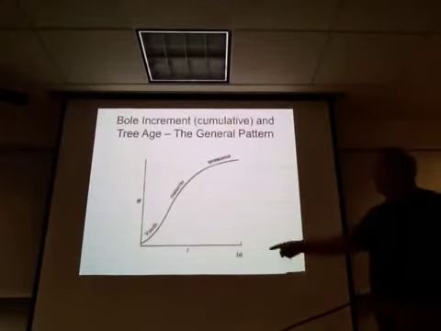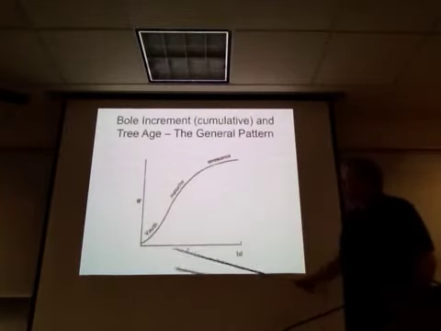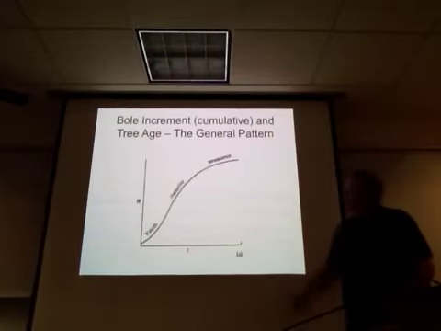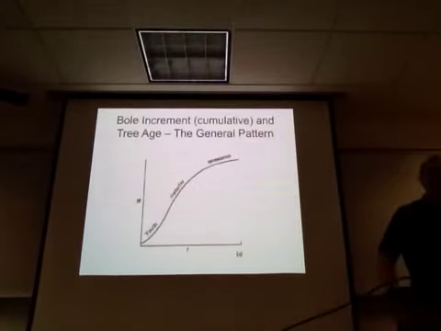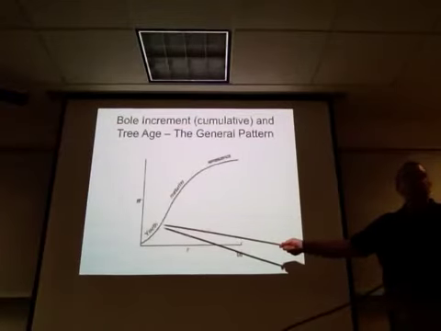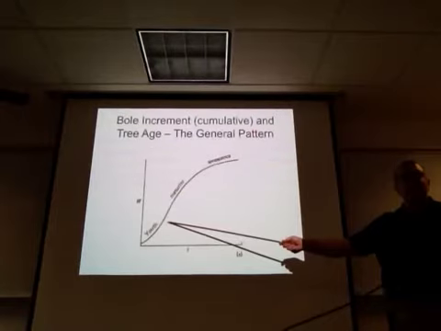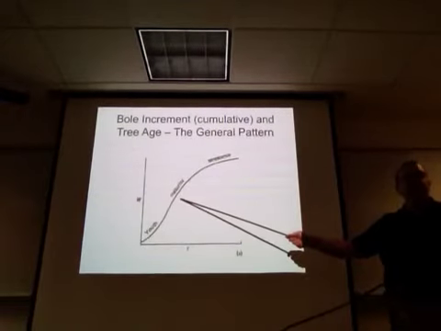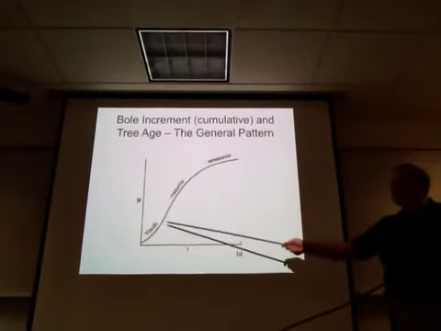The transition between youth and maturity is pretty well defined. We get this youth phase transitioning into maturity. The transition there is where growth goes from increasing at an increasing rate to increasing at a decreasing rate. So still increasing, right? But it's increasing at a decreasing rate.